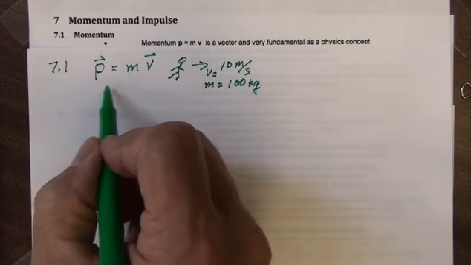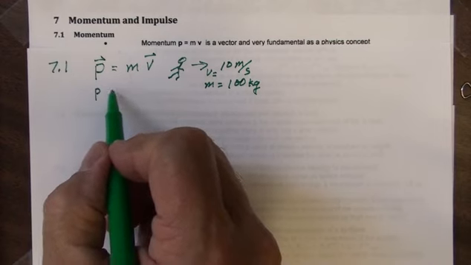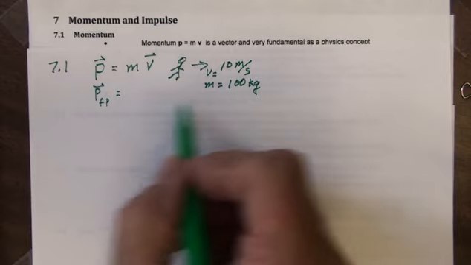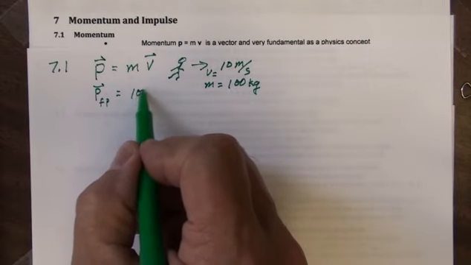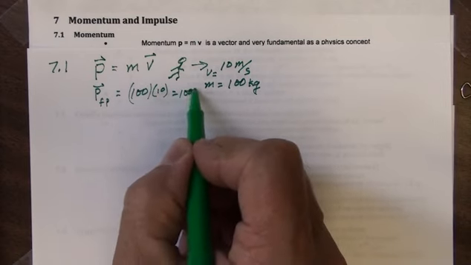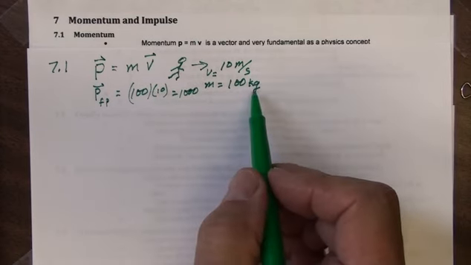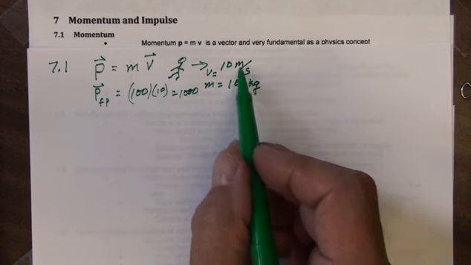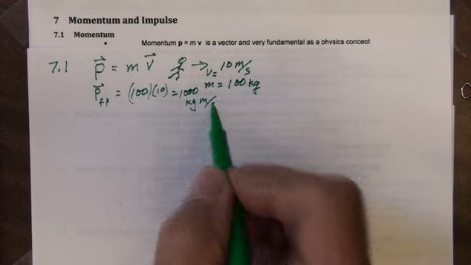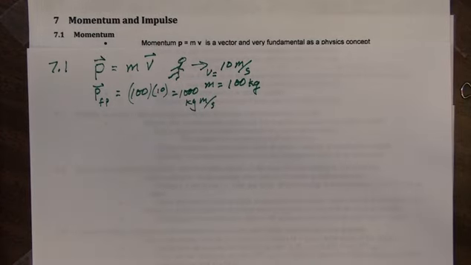And we can see from that his momentum P of the football player is going to be 100 times 10, or 1,000. Now, there are no special names for these units. It's a kilogram meter per second. So kilogram meter per second are the units for momentum, and we don't have any other special name for it, like a Newton or a joule or a watt or anything like that.